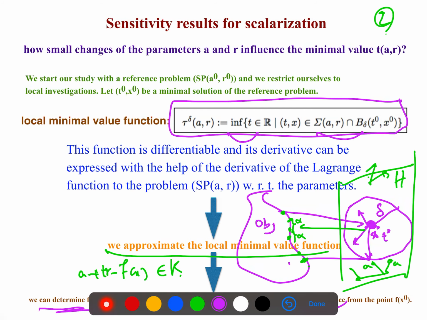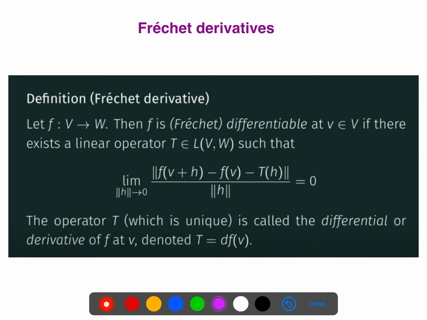So we control the distance between the minimal points, which we fix to alpha.